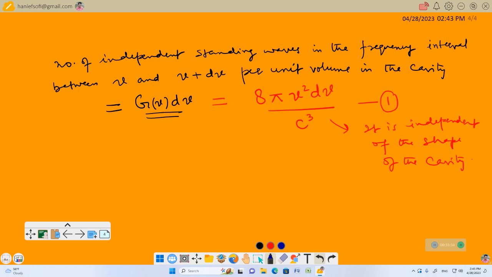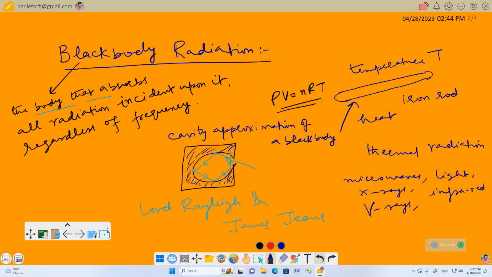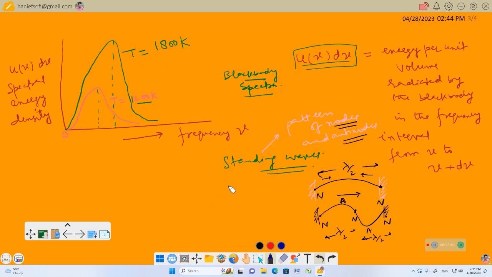Now the next step, because the purpose was to find out the expression for the energy density. They calculated the number of standing waves available in unit volume of the cavity. The second step is to find somehow the average energy per standing wave.